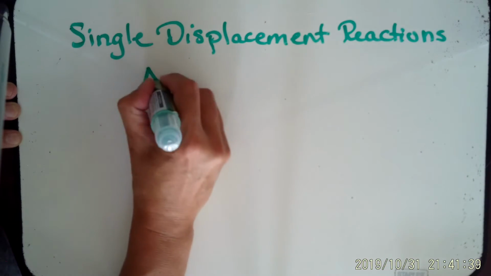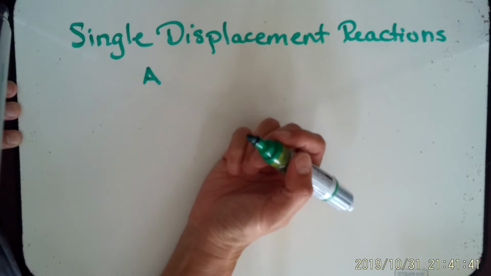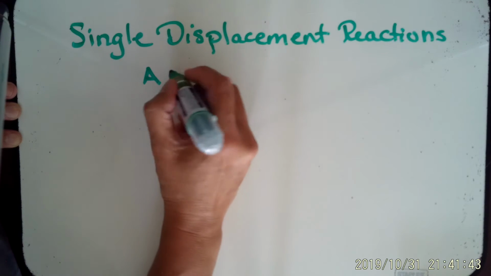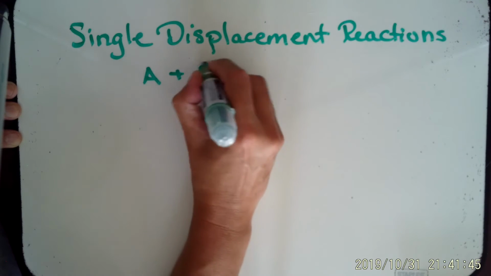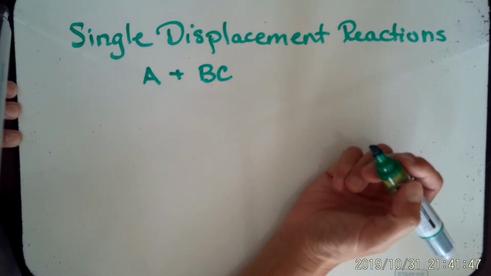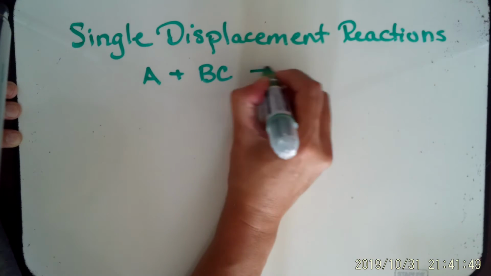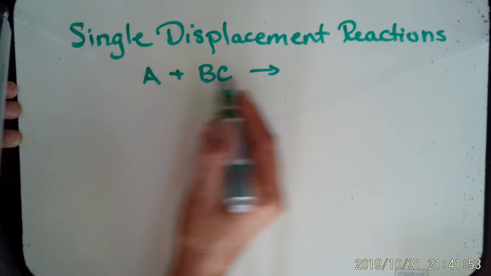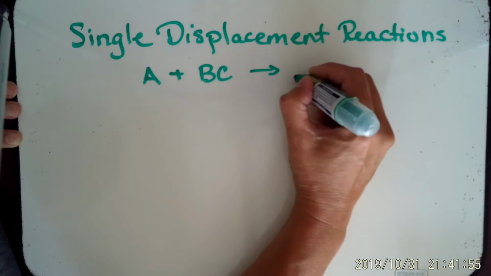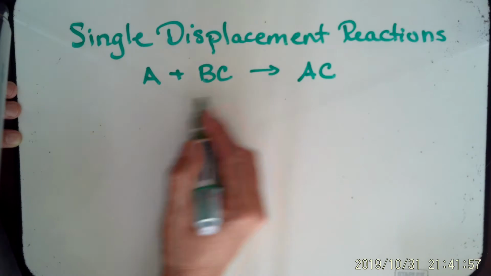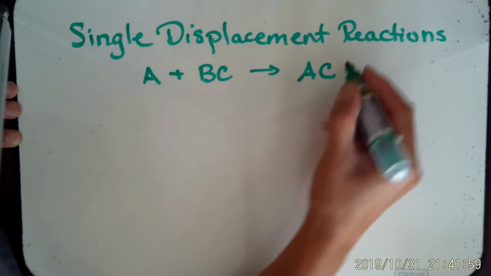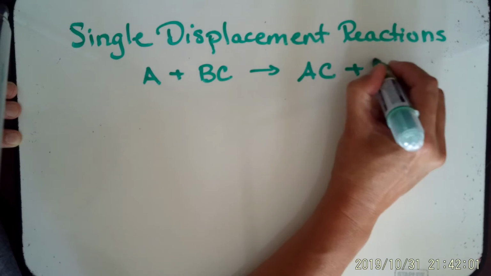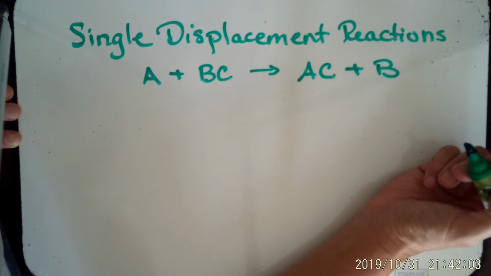If I have one substance, typically an element, and I react it with an ionic compound, this element reacts and, if it's strong enough to bump out B, it will displace it, and you'll get something like this.